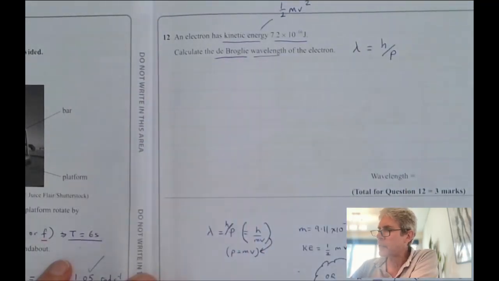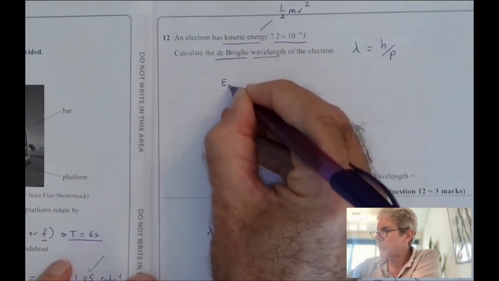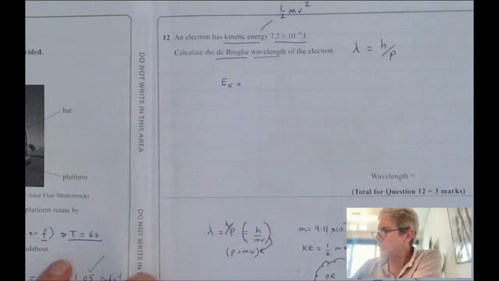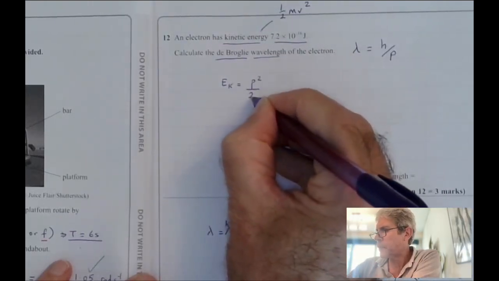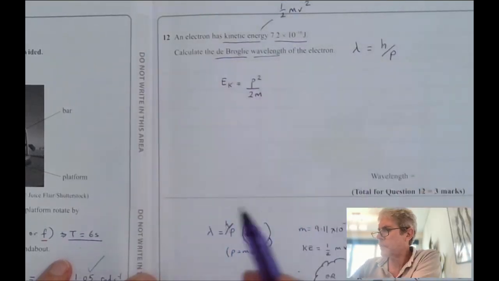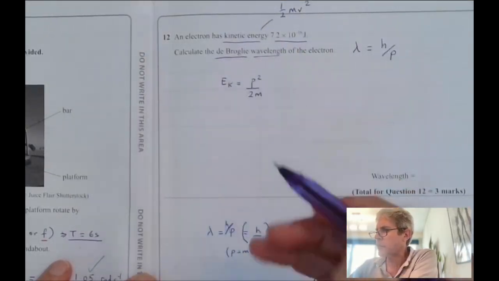But there is a quicker way of working out the momentum, because there is an equation which is kinetic energy is equal to p squared over 2m, which means you don't have to use that. So it's an algebra.